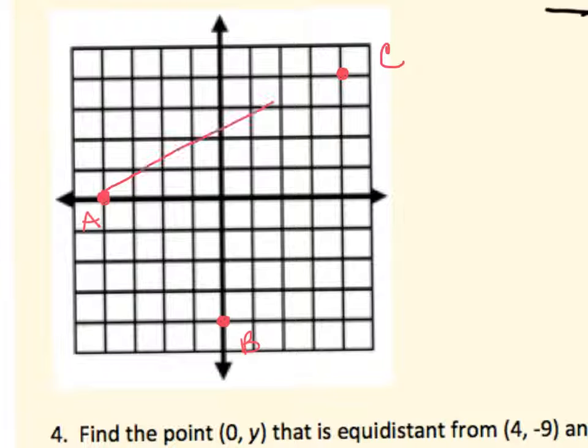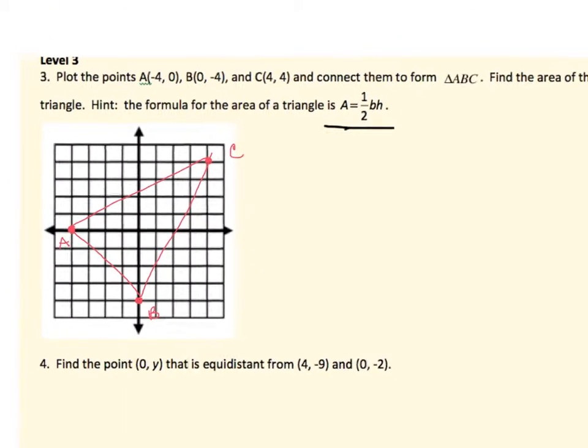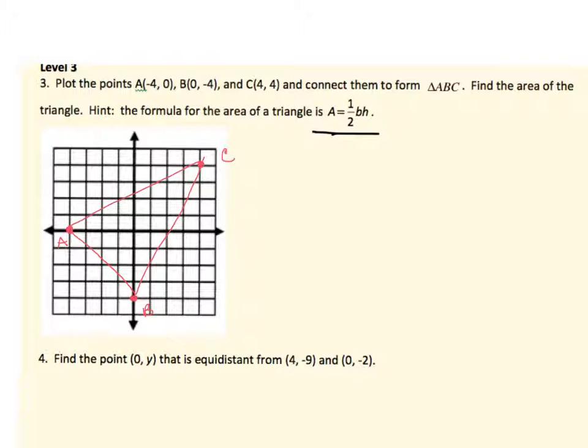So we've got a big old triangle here. Now what we want to do is find the area of the triangle. In order to find the area of the triangle, we need to figure out the base and the height of this triangle.